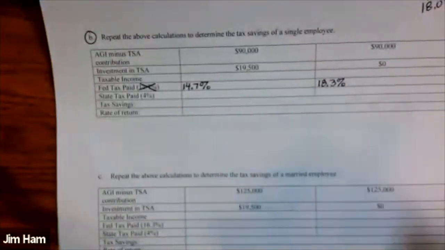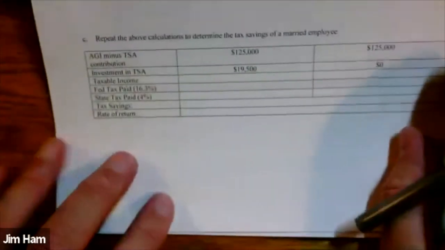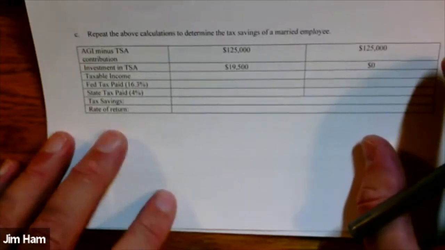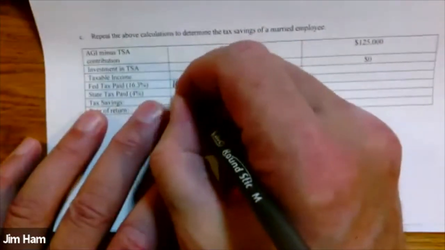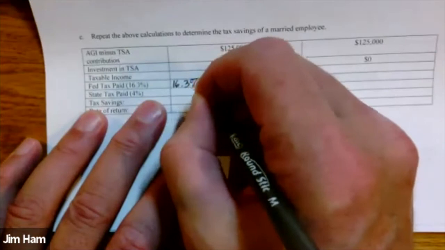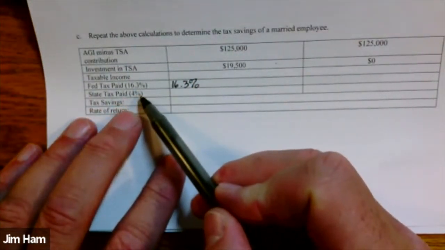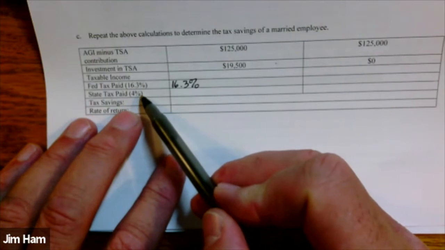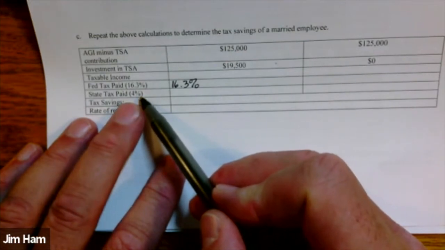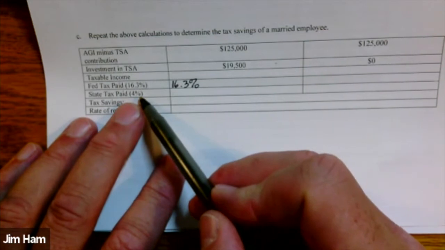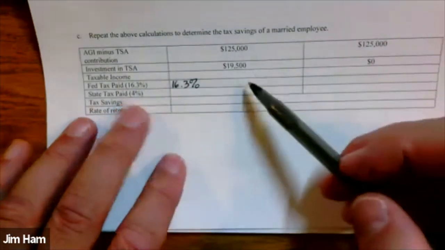Change those two. And then in part C, it's similar, although we're dealing with a married couple. Well, let's do 16.3% in federal taxes. Consistently, it's 4% because everybody has to pay 4% in the state of Michigan, regardless of how much you make. But for the federal tax rates, it's progressive.